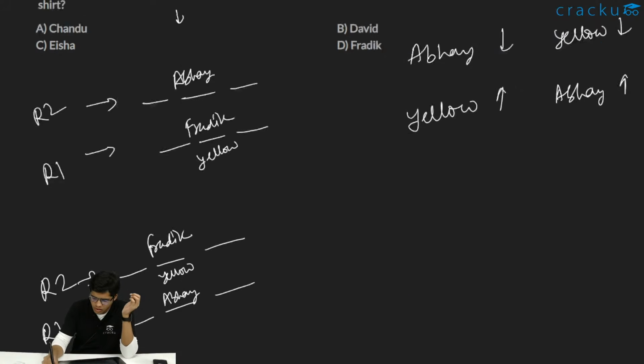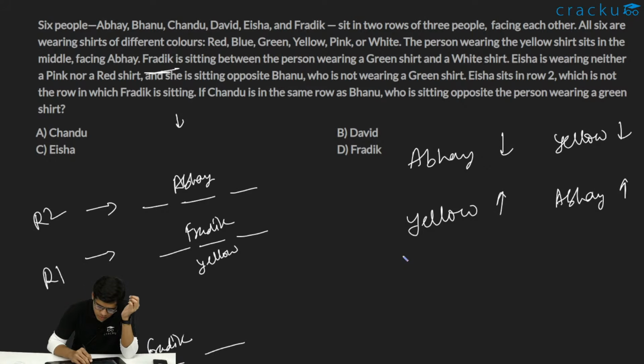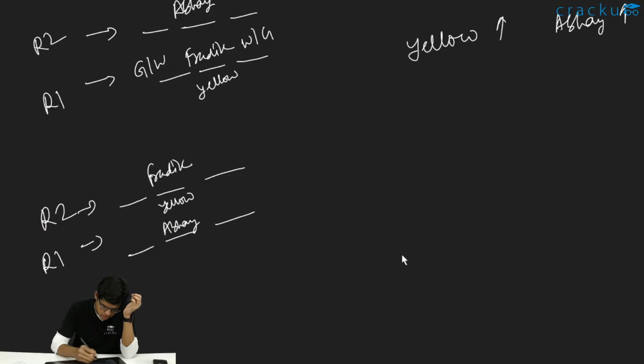Okay. So we are done with this. And the persons sitting beside Frederick, they are either wearing a green shirt or a white shirt. Means this is green or white. This is white or green. Similarly, this is green or white, and this is white or green.